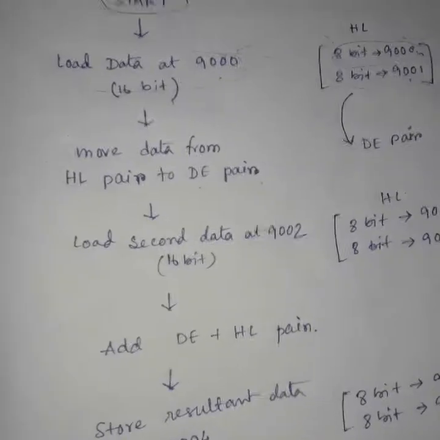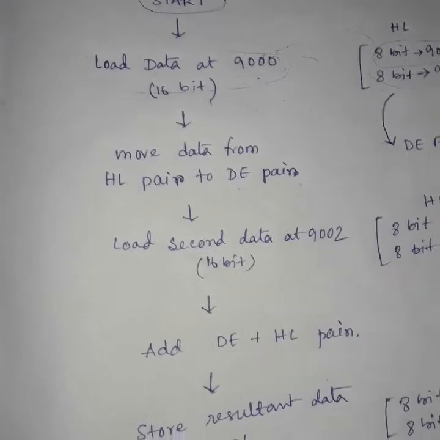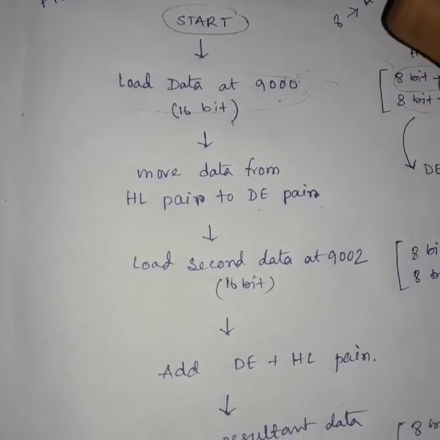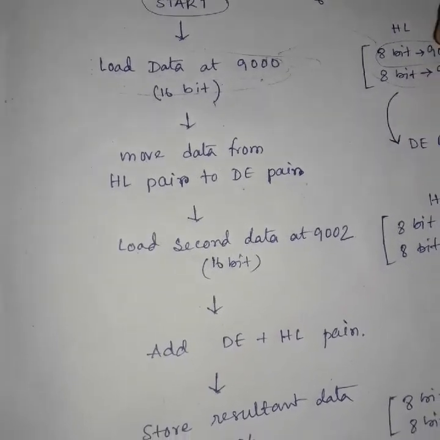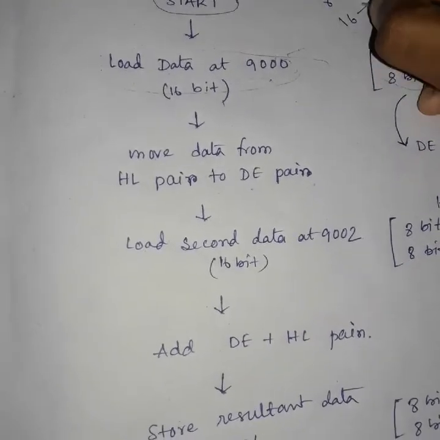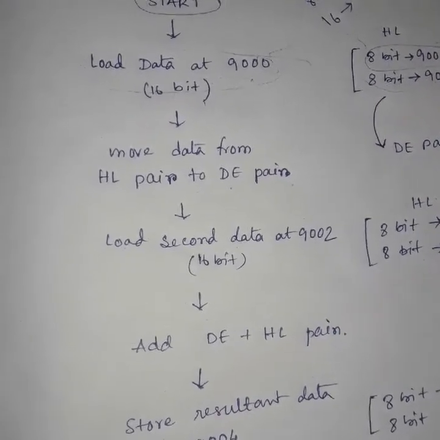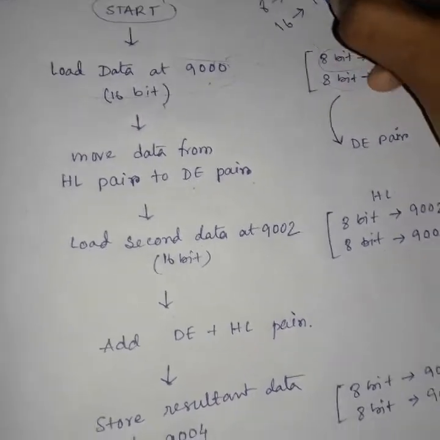For 8-bit we know that the default register is the accumulator, and for 16-bit the default register pair is the HL pair.